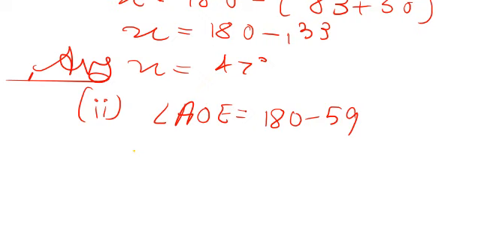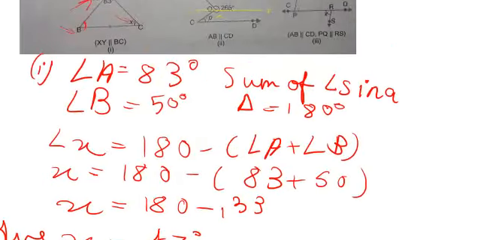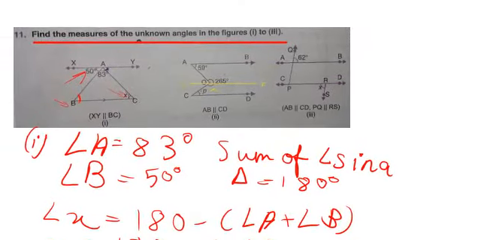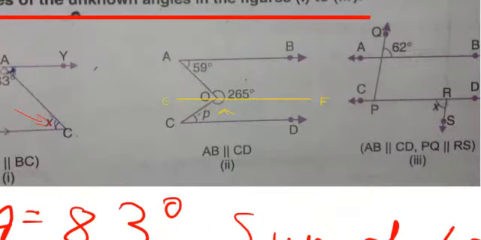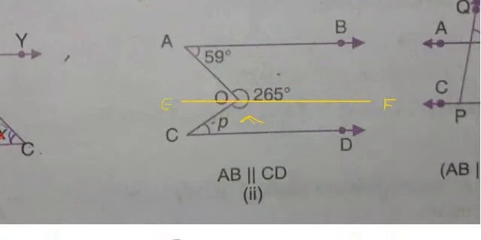Why 180 minus 59? I'll come up here, and you can see that angle AOE is this one. So you can see this much from A till O to E all the way. Sorry, not this one, sorry, AOF, this one I'm talking about.